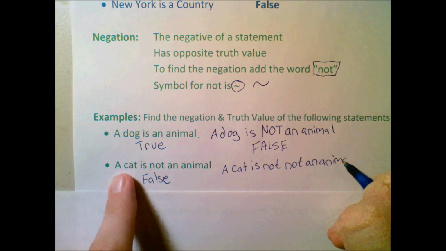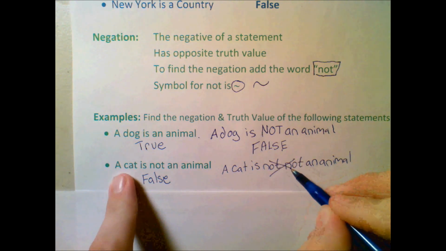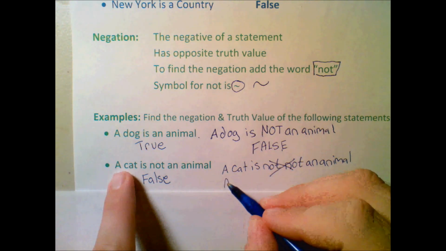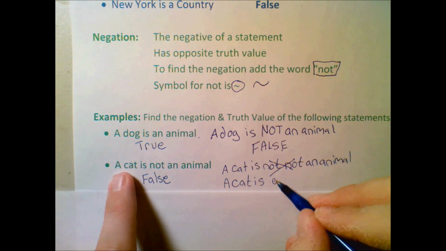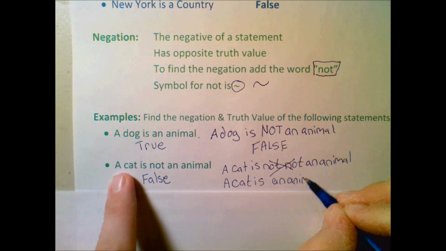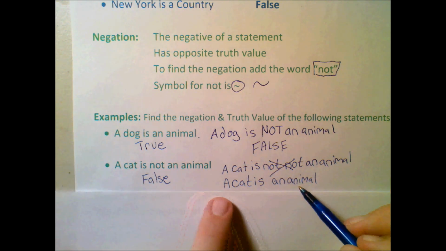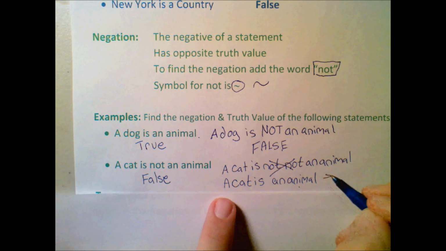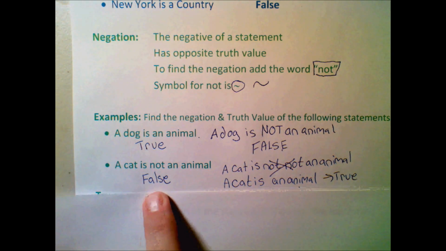Now that's really wordy. I have two different nots here. What happens is you cancel them out, and you could say this statement is a cat is an animal. Now, the statement the cat is an animal is going to be true because the original statement was false.